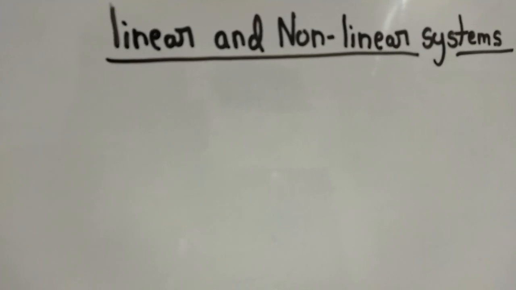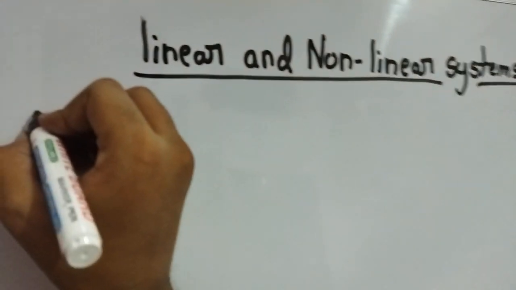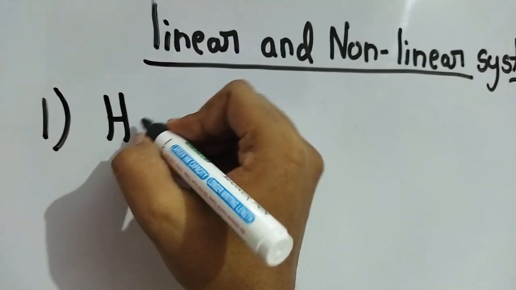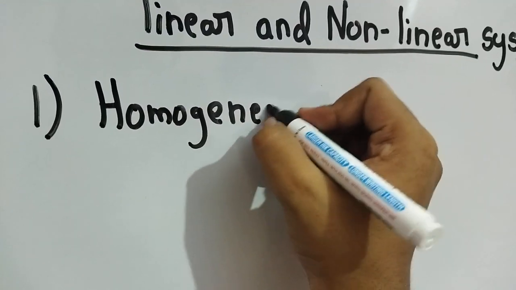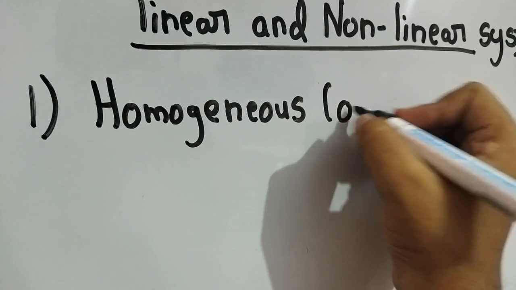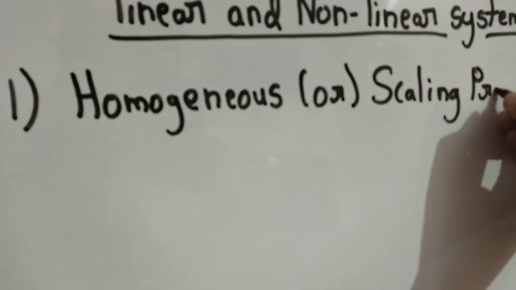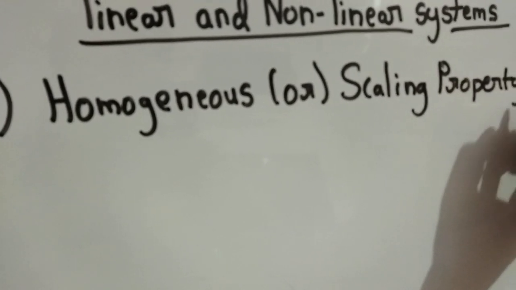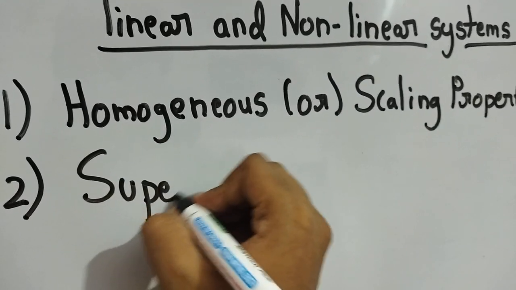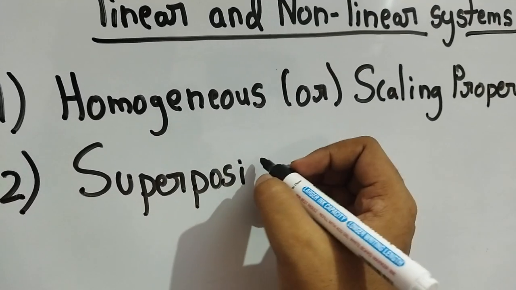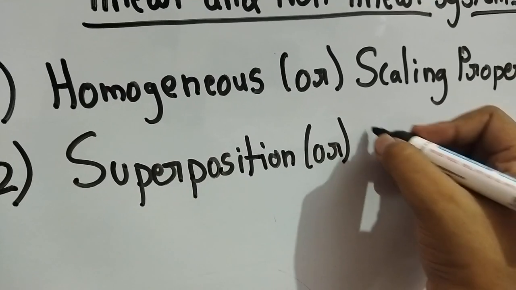The additivity property is also known as superposition, and the scaling property is also known as homogeneity. So the first one is homogeneous, or scaling property, and the second one is superposition, or additivity property.